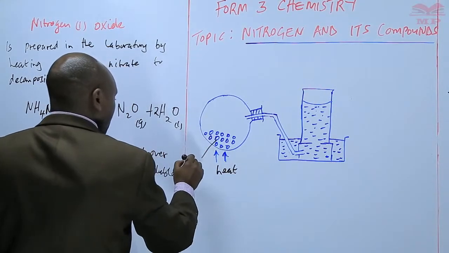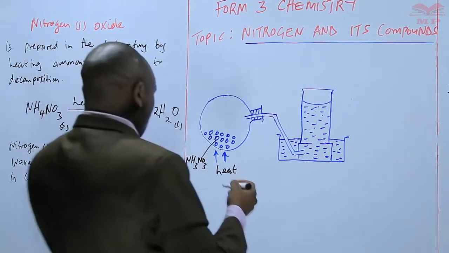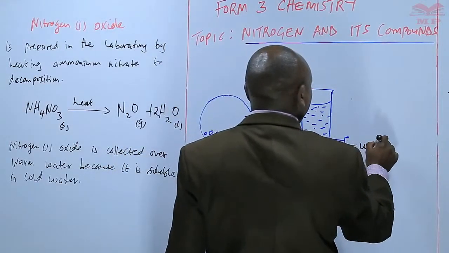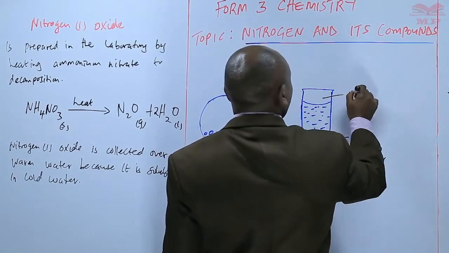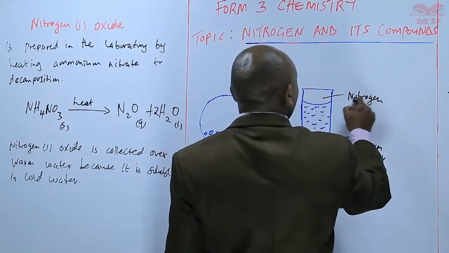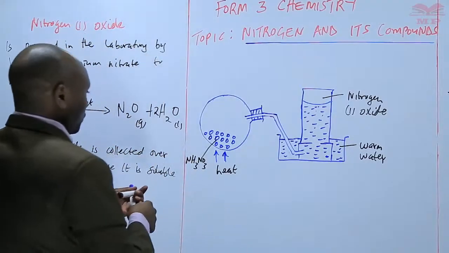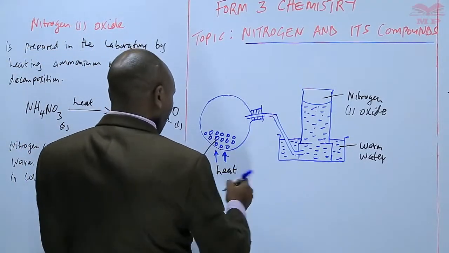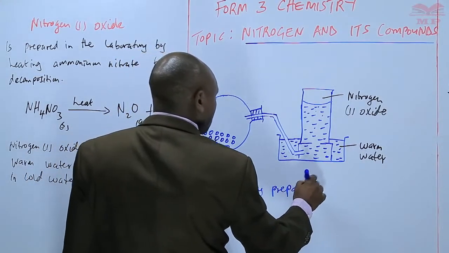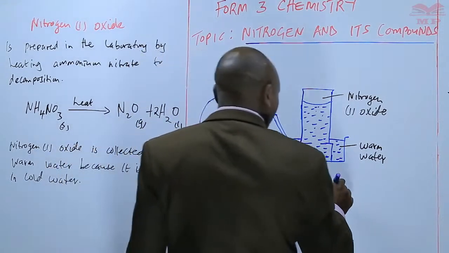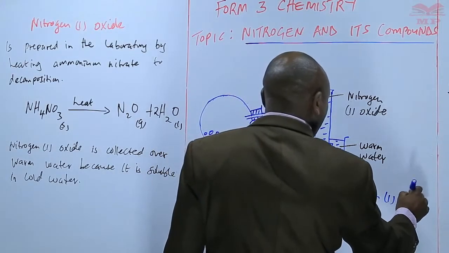We heat ammonium nitrate. Then it's collected over warm water, because we've said that the gas is soluble in cold water. Then we have nitrogen 1 oxide. So this is the laboratory preparation of nitrogen 1 oxide.